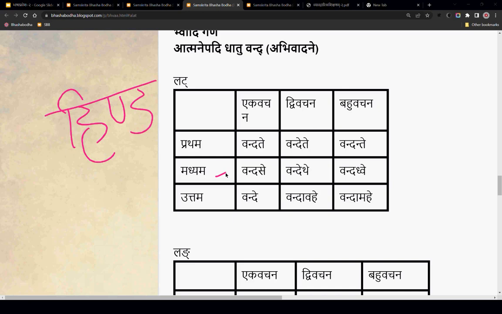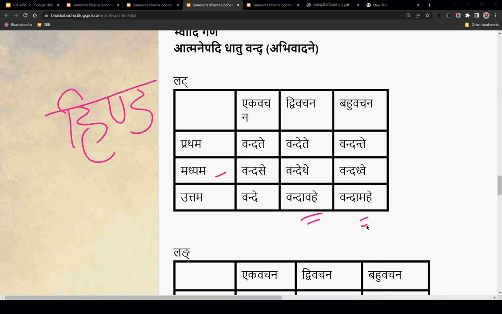Then hindase, hindethe, hindadhve, hinde, hindavahe, hindamahe.